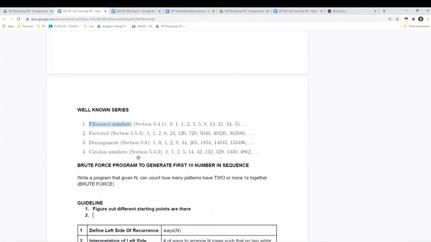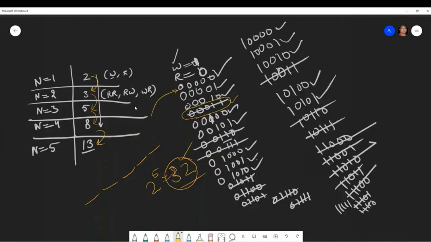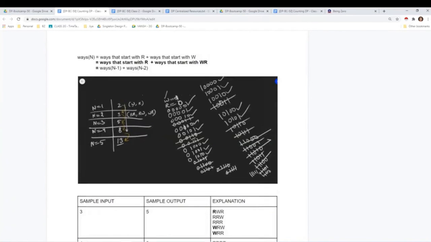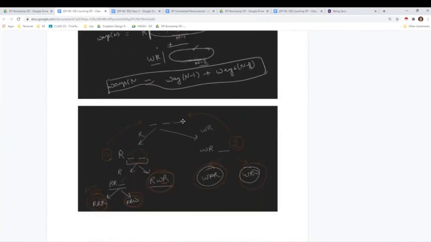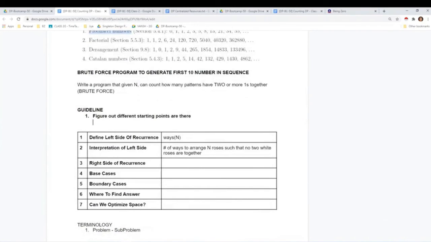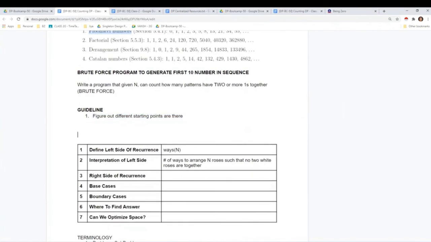So in our current problem, you figured out starting points were only 2, and those 2 starting points happen to be R and WR. And that is how we came up with the recurrence. So this looks very simple, what I'm saying here, but we will apply this technique to the next few problems that we are going to discuss. So you will learn how to apply this on your own.